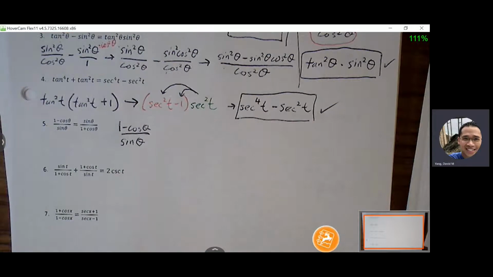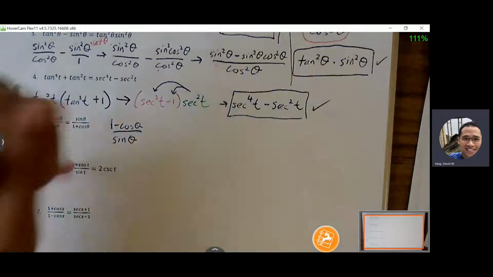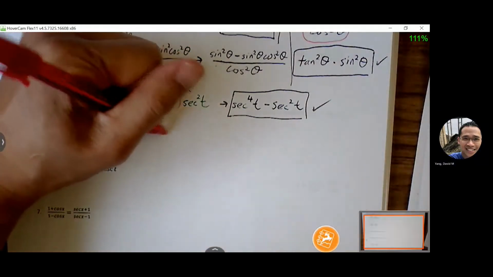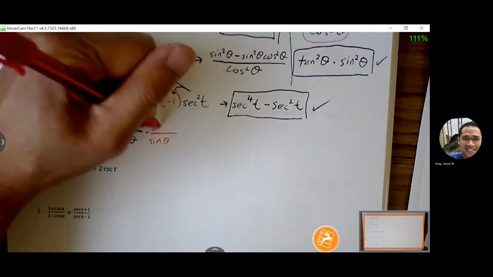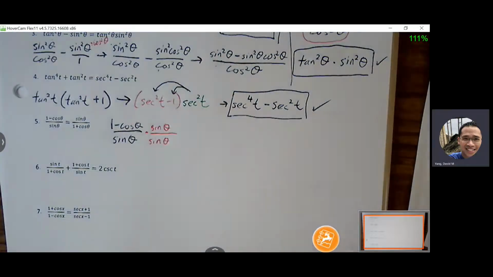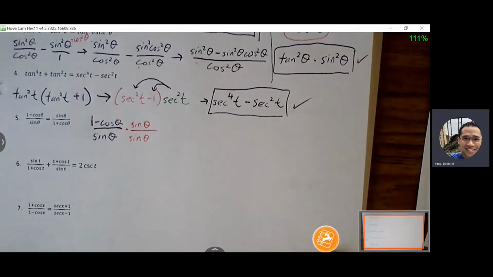If I want to convert that sine to be cosine, I can always create a situation where I can introduce an identity. I know I can play with sine squared, so I'm going to force that sine squared to show up.